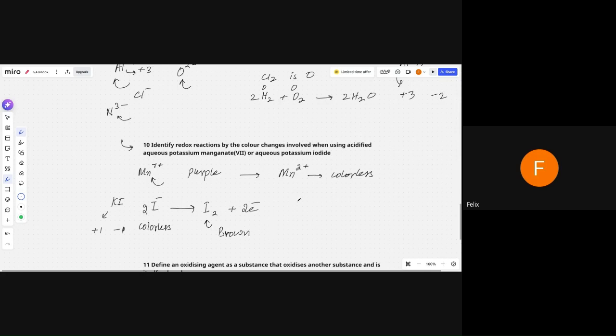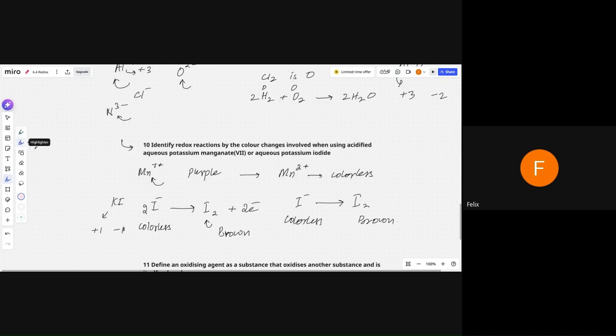So whenever iodide, with its negative charge, is oxidized, this change will be accompanied by a color change from colorless to brown, right? So I hope this is clear.